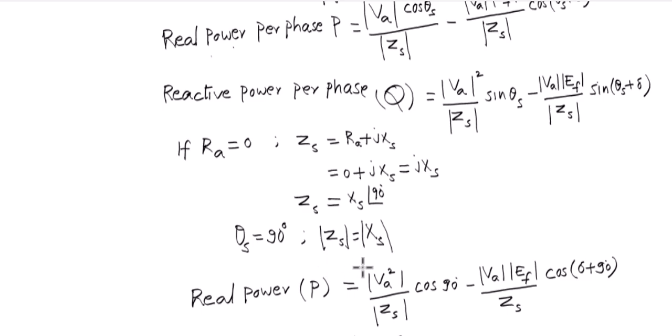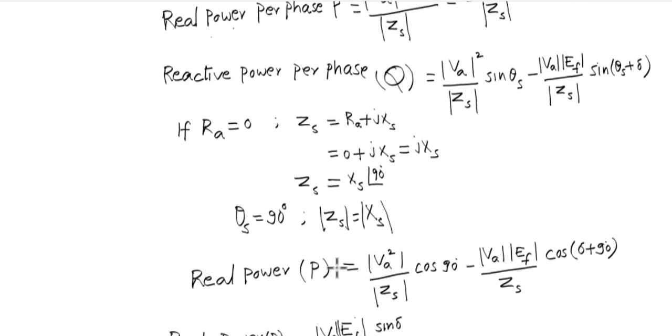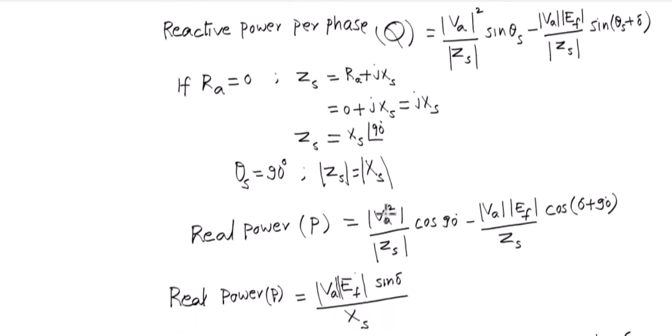this angle theta s in the real part of the apparent power, that is P is equal to Va square divided by Zs cos 90 minus Va Ef divided by Zs cos of delta plus 90 degrees. So here cos 90 becomes 0 and cos of delta plus 90 becomes minus sin delta.